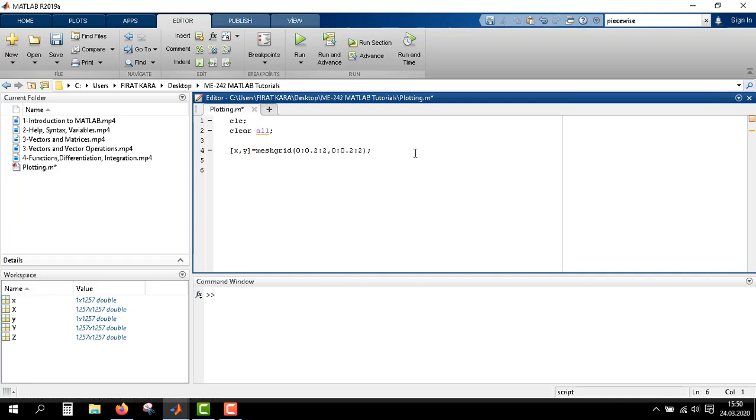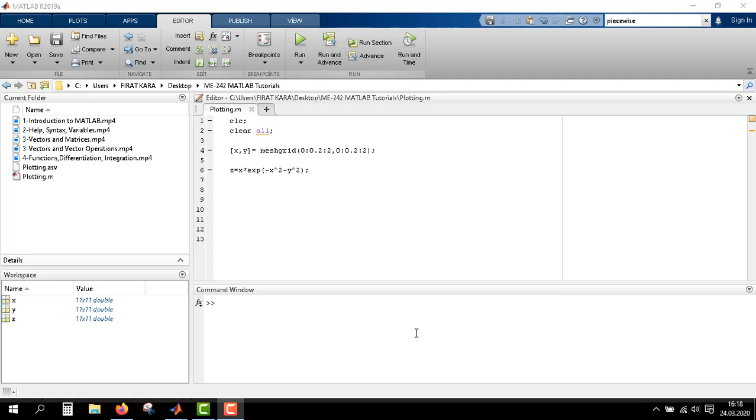Okay, our function can be x times e to the power of minus x squared minus y squared. And in MATLAB, to plot a velocity field, you have a function named quiver.